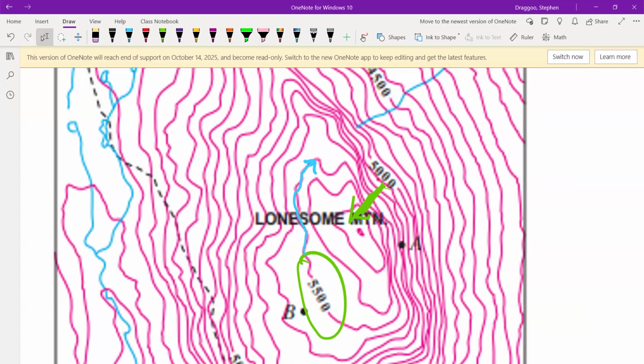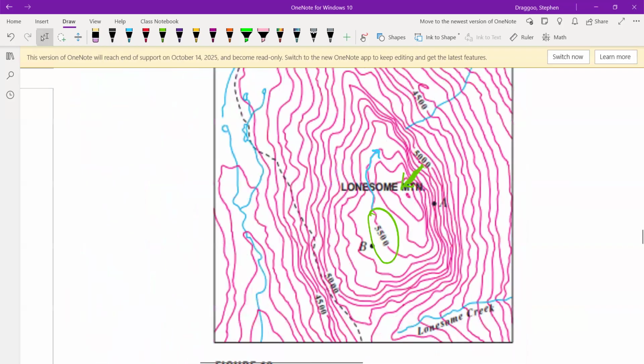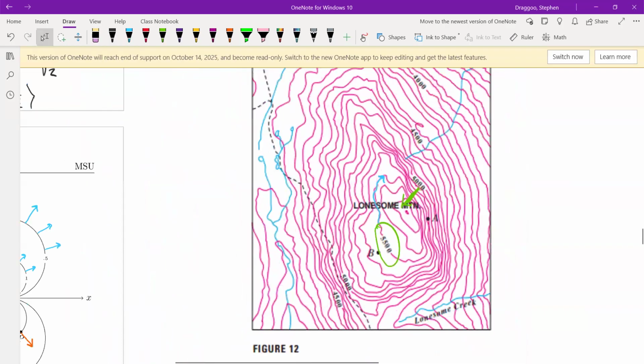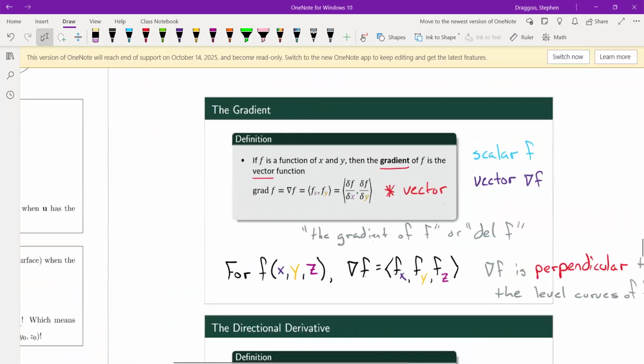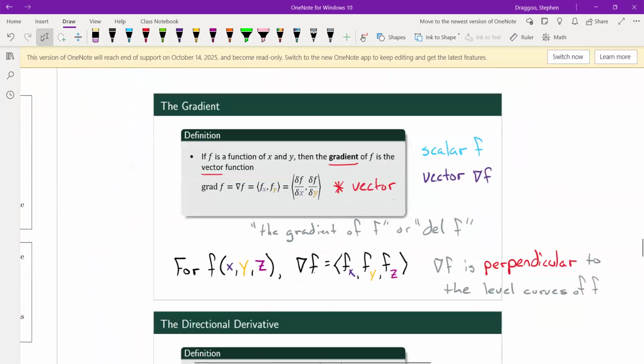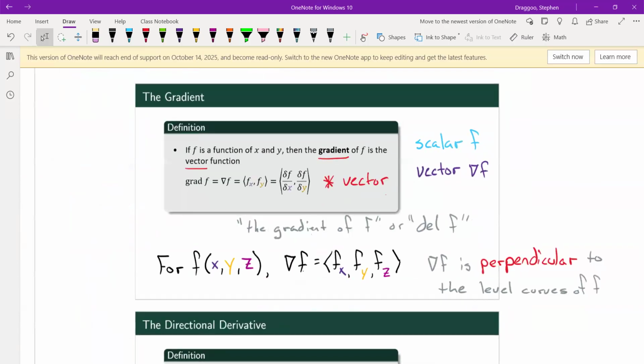So then its maximum rate of change will be perpendicular to those contour lines, or again, normal to those contour lines. To pull everything together into a way that hopefully we'll get to, and hopefully is a thing that I've written down right here. This gradient function should be perpendicular to my surface.